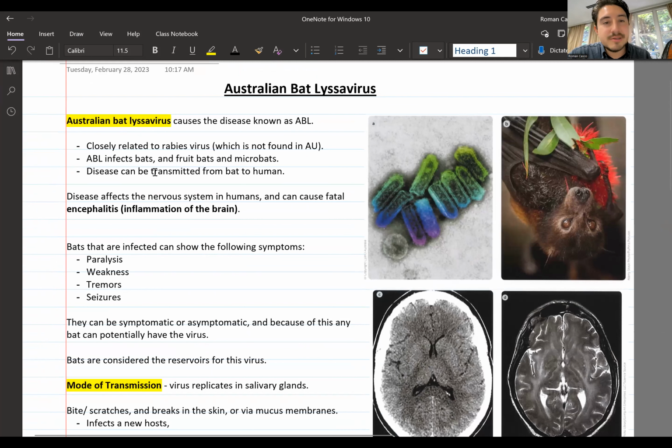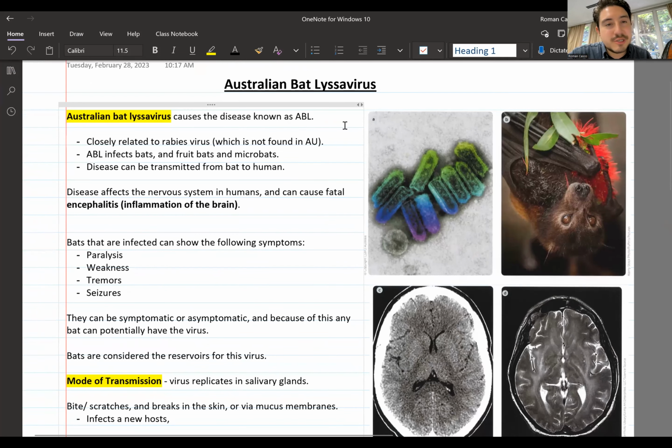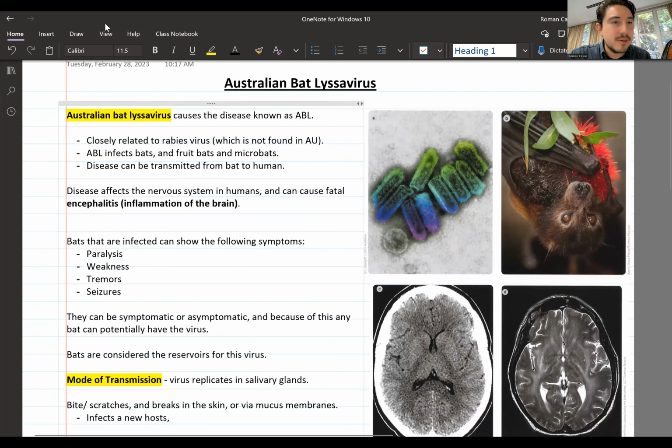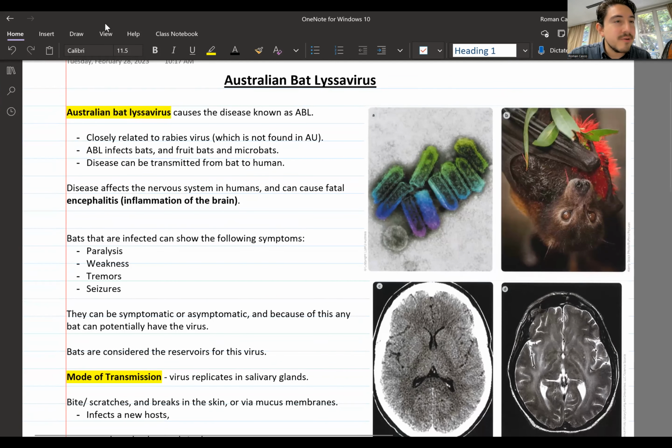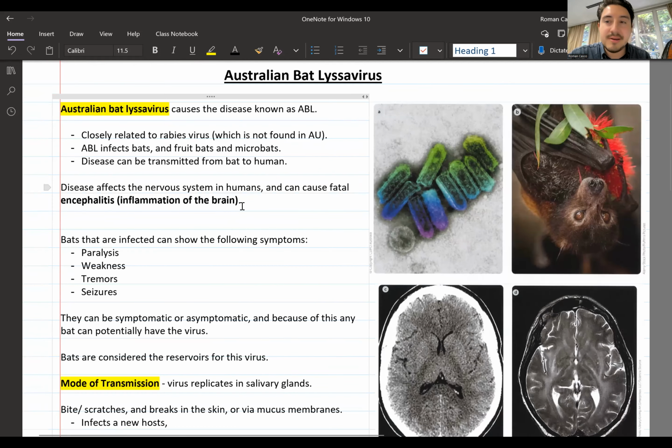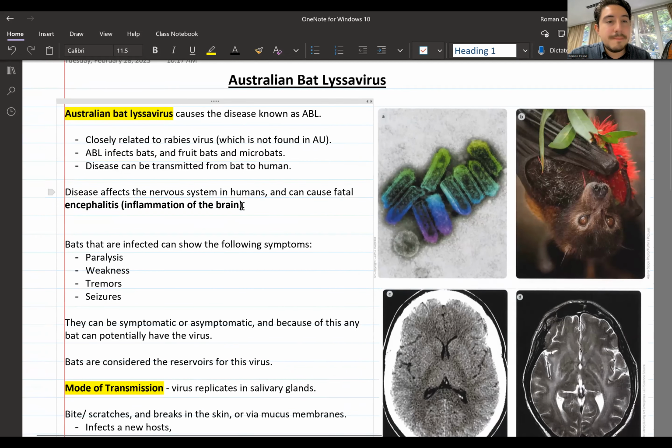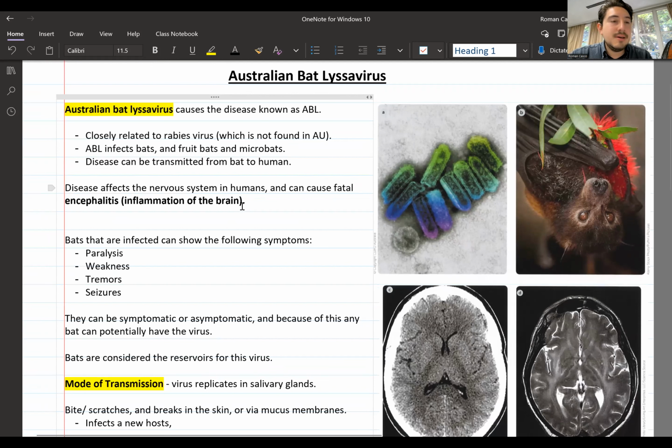This virus causes a disease commonly referred to as ABL. This virus is very similar to another virus that you probably have heard of, which is the rabies virus.